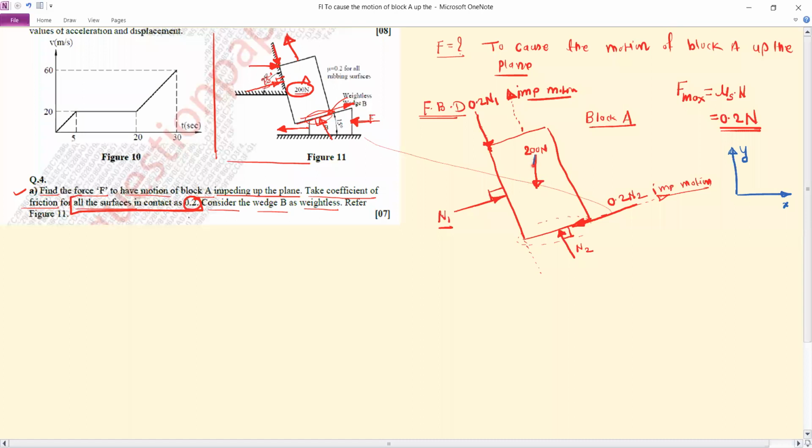This 200 Newton is exactly along the y direction, so no need to resolve this force, but the remaining forces we have to resolve. Out of that, we will consider N1. For N1, draw one component parallel to the x-axis and draw the other component parallel to the y-axis. Now we can find this angle. Just observe this. N1 is perpendicular to this contact surface. I will draw it here.